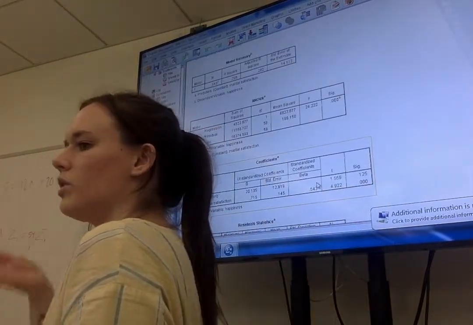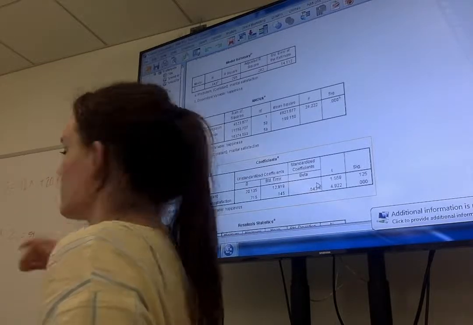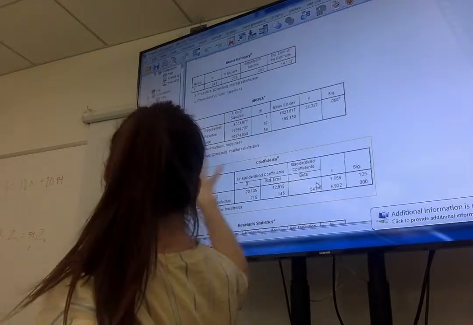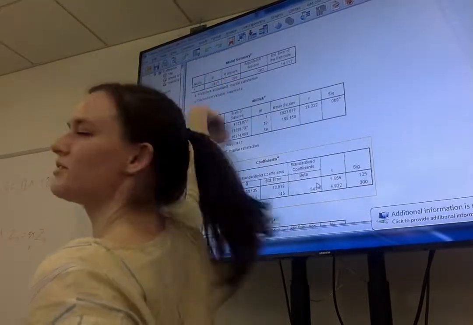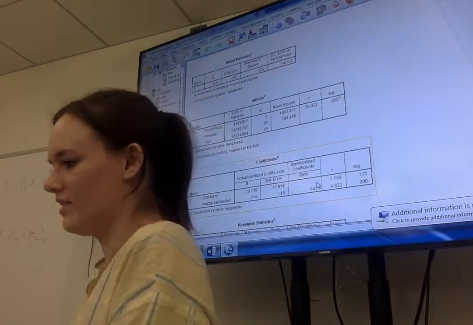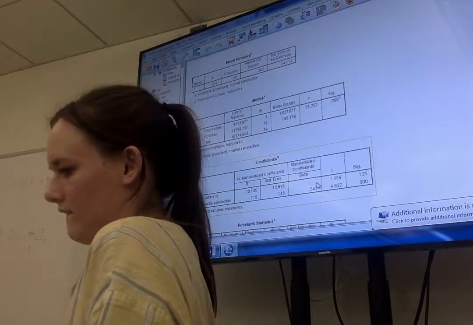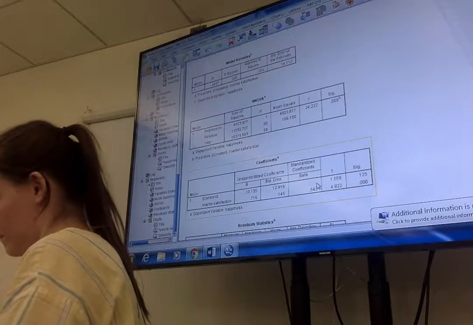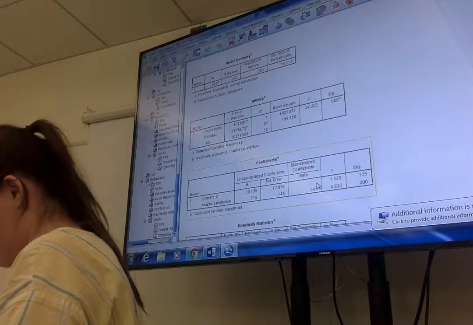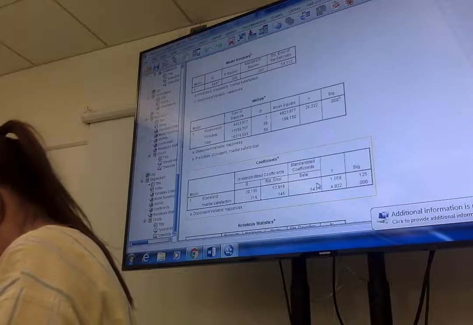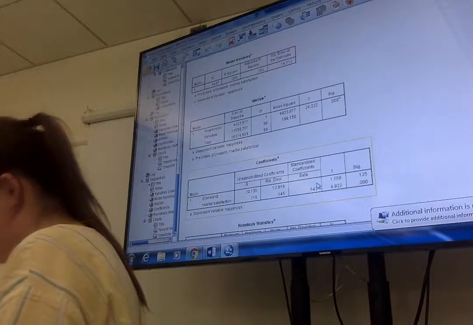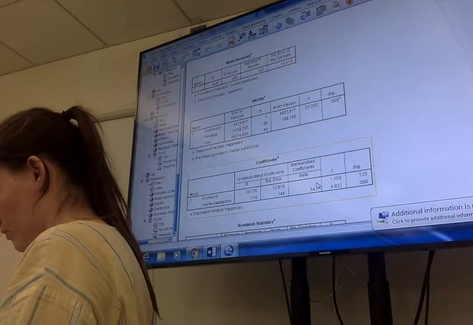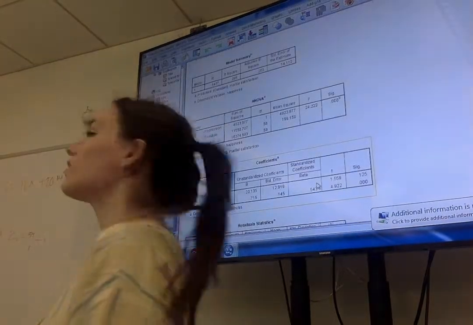So when we go to multiple regression next, we'll have more variables in our coefficient table, and so we'll do different things. Any questions?